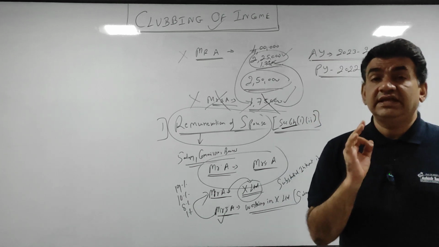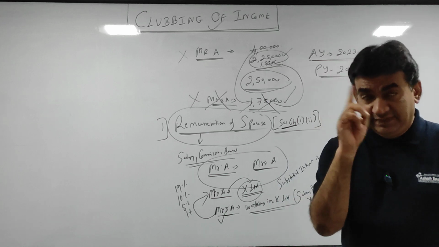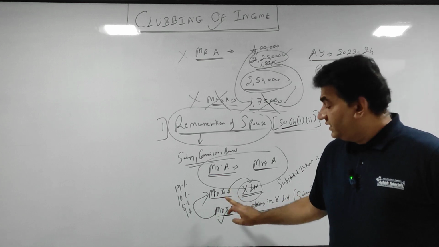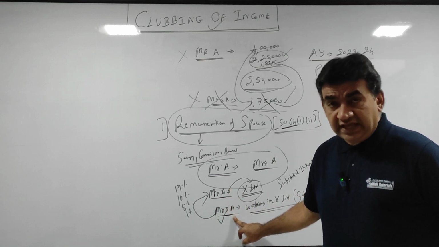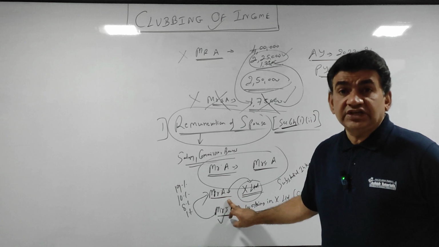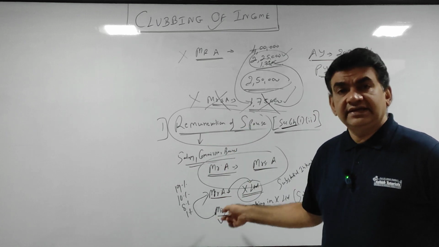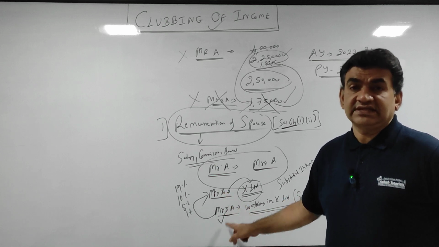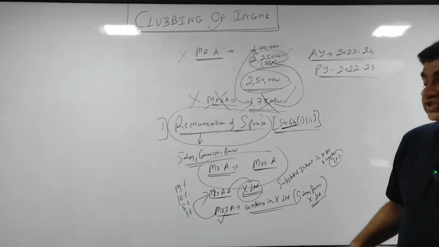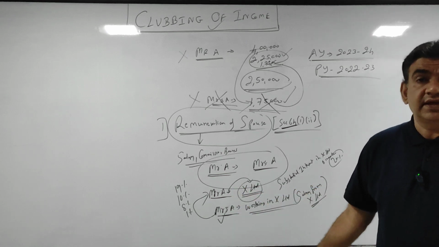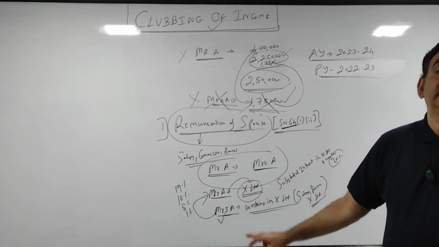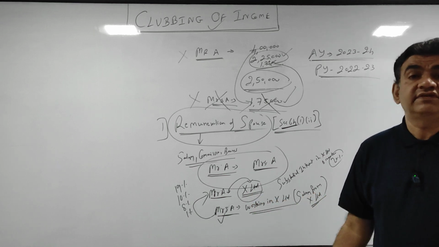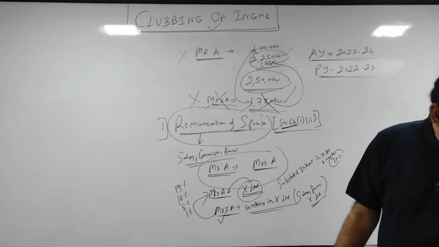That means if Mr. A is a partner in ABC and Company or any firm where Mrs. A is working, and his profit sharing ratio is more than 20%, then it comes under the definition of substantial interest.